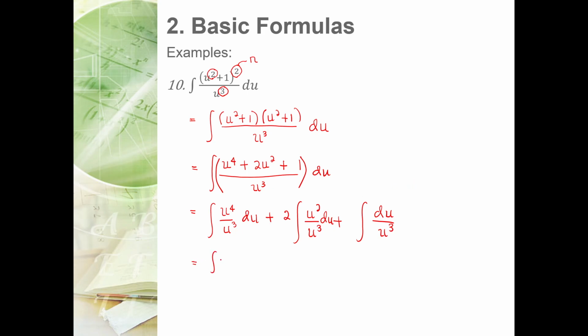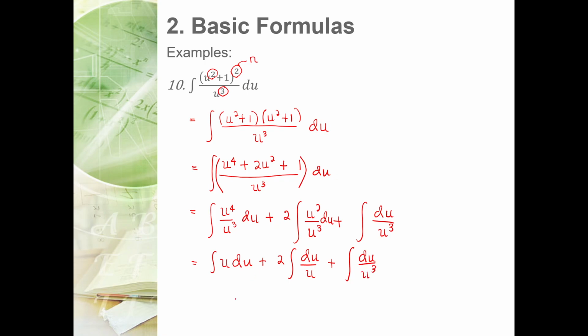So in simplified terms, that's integral of u du, plus 2 integral of du all over u, plus integral of du all over u cubed.